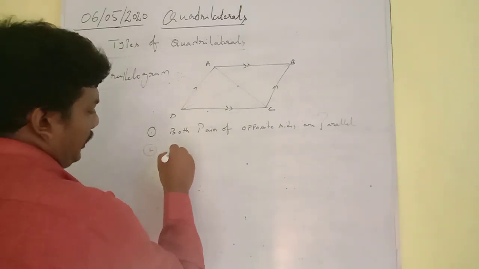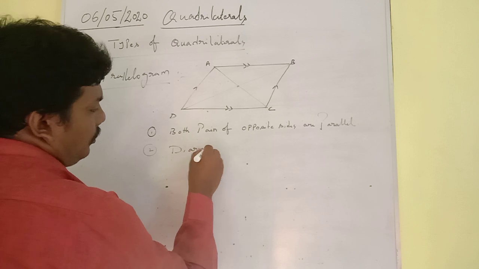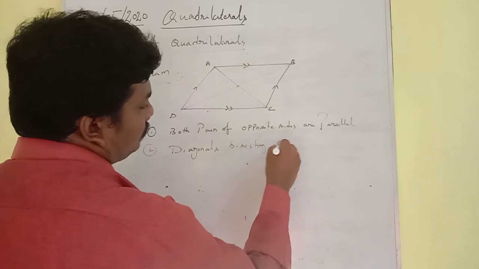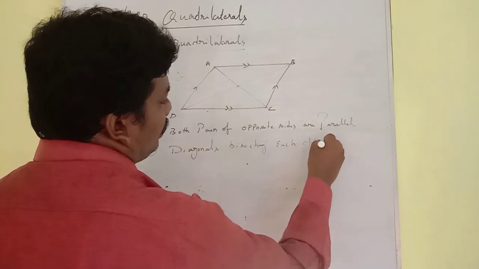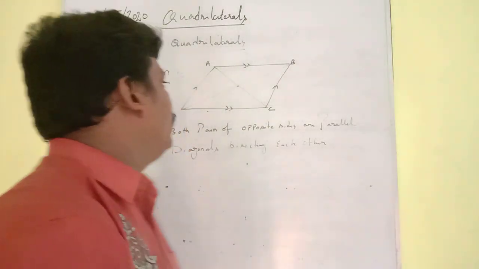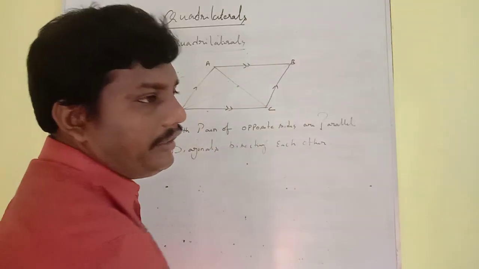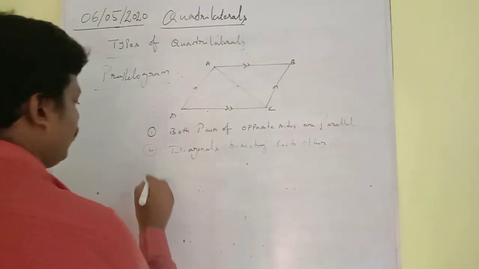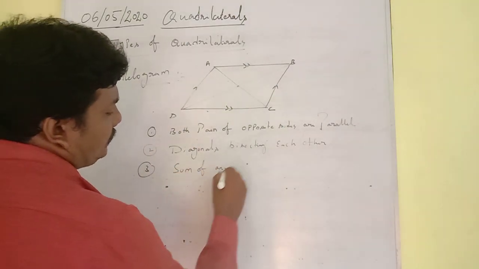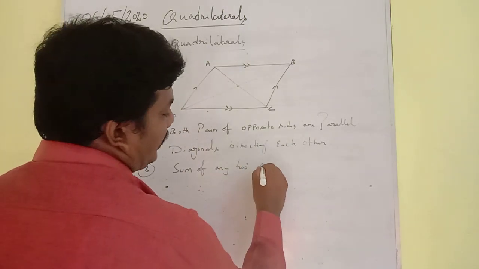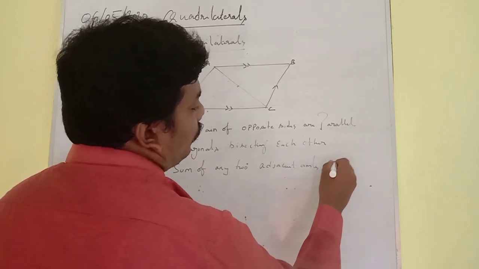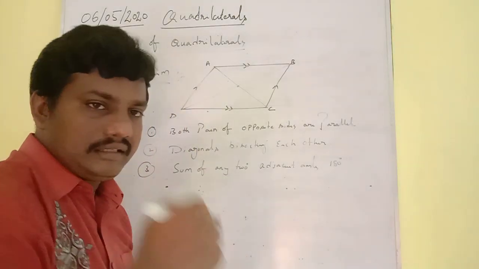And one more point we have to discuss here: adjacent angles. The sum of any two adjacent angles is 180 degrees.